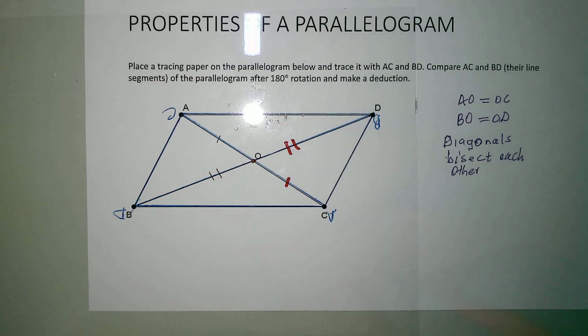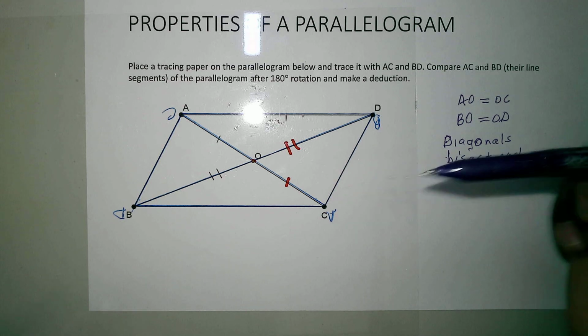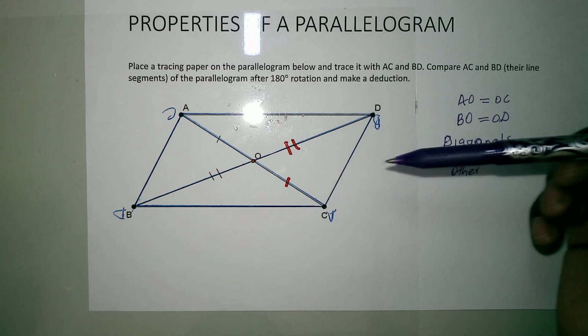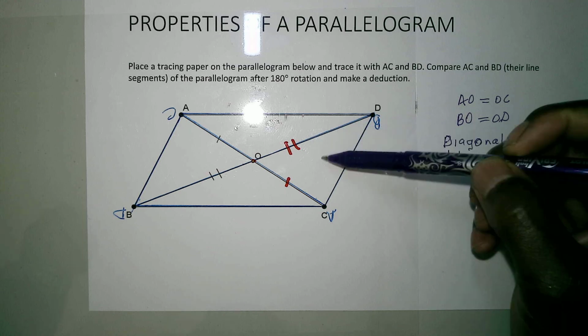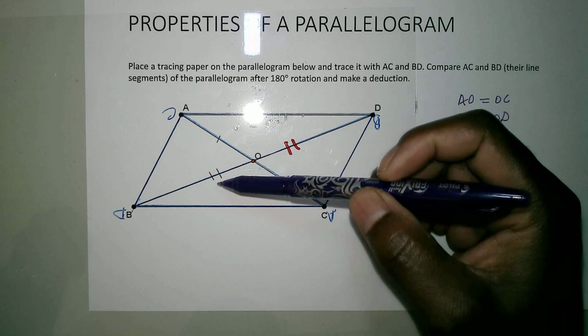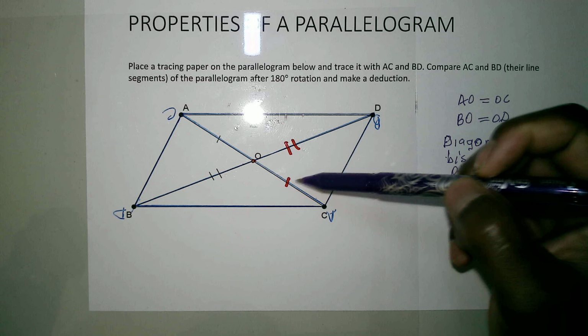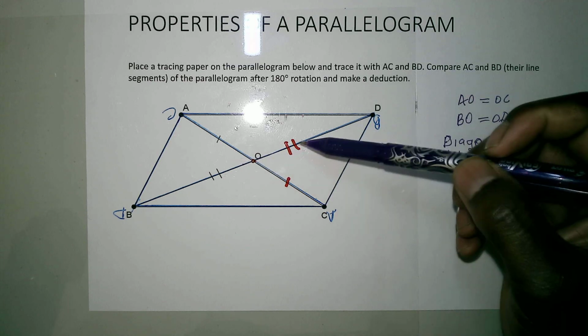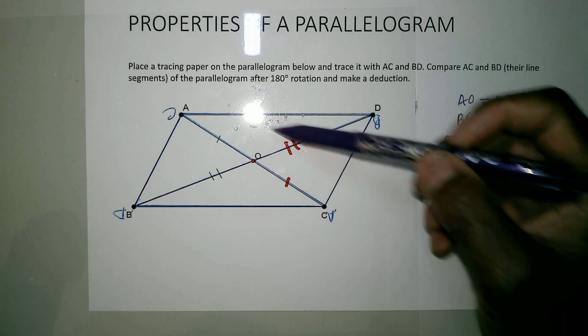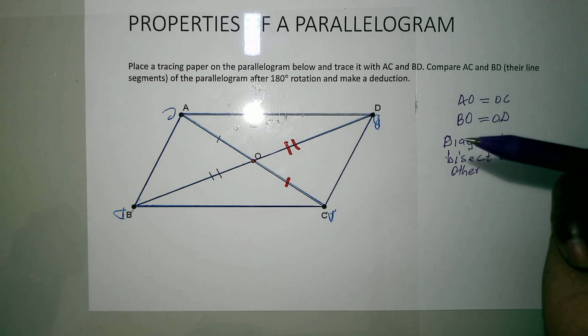Don't forget, this type of quadrilateral where opposite angles are equal, opposite sides are equal and diagonals bisect each other is called a parallelogram. The opposite sides are not only equal, they are also parallel.